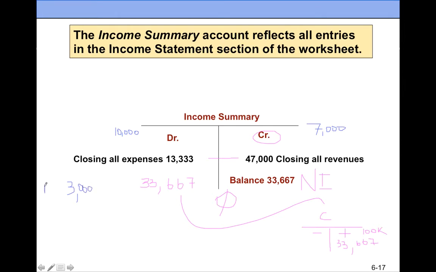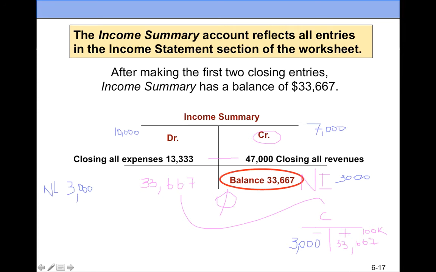So what do I do? I'm going to credit now income summary to make it zero, and I'm going to debit capital, and it makes total sense. I debit capital because net loss decreases capital. So depending on net income or net loss, your accounts will be flipped.